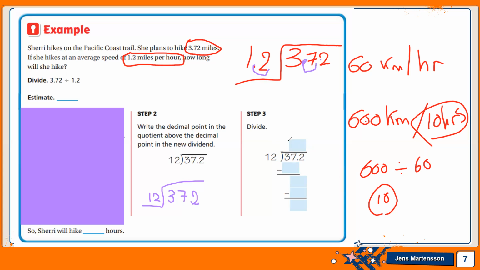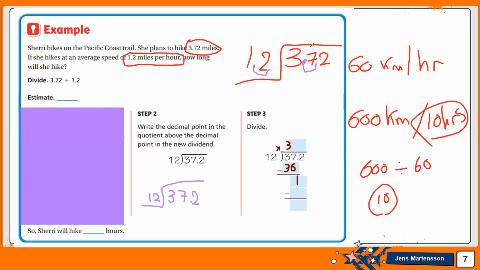It will be 3. Yalla. 3 times 2 is 6, and 3 times 1 is 3. Bravo. Then 7 minus 6, and 3 minus 3 is 0.